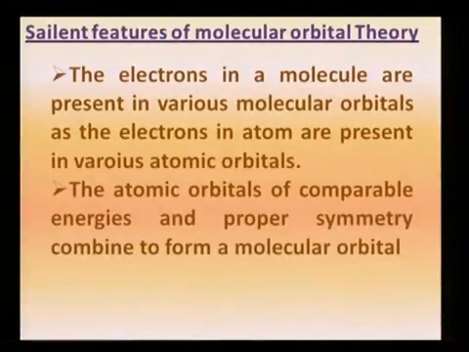The electrons in a molecule are present in various molecular orbitals, as the electrons in an atom are present in various atomic orbitals. What is an orbital? Yes, the probability of finding an electron around the nucleus in an atom is called atomic orbital. The probability of finding an electron around the nuclei in a molecule is called molecular orbital.